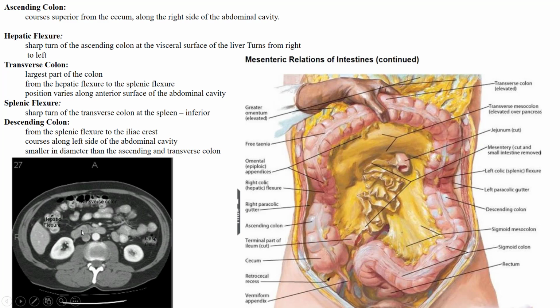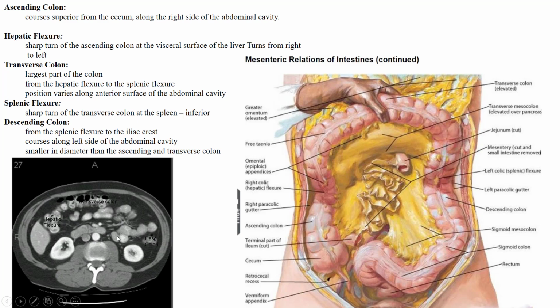You'll remember that the third portion of the duodenum courses in between the aorta and the SMV and the SMA. So this is SMA, superior mesenteric artery, SMV, superior mesenteric vein. Just posterior to that is the third portion of the duodenum, and posterior to that is the aorta and the IVC.